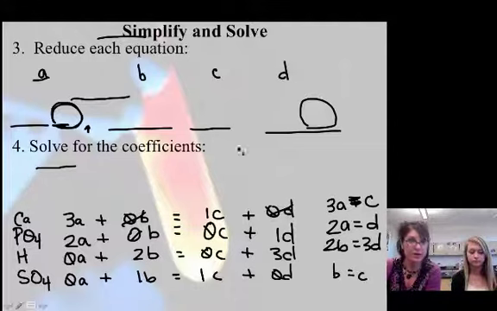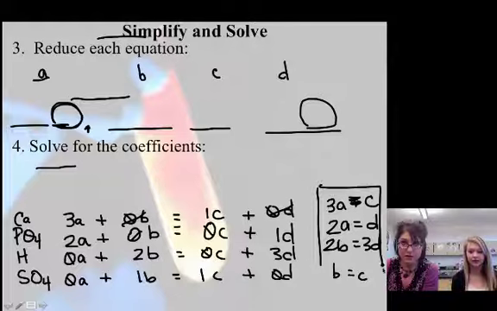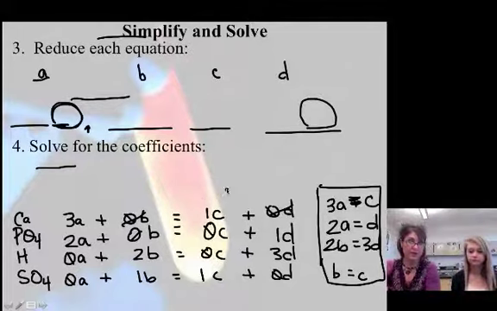Our third step was to reduce each equation, so we already have that done. Now I'm going to solve for the coefficients. I'm going to figure out a number for A and for B and C and all that other stuff. In algebra you would use substitution and adding equations, but we're not going to go to that much headache.